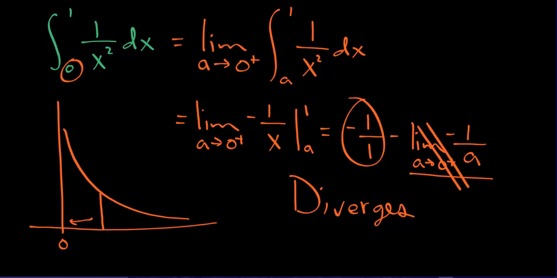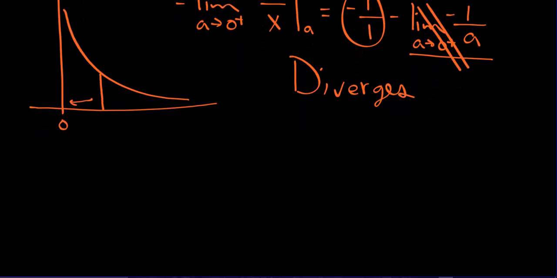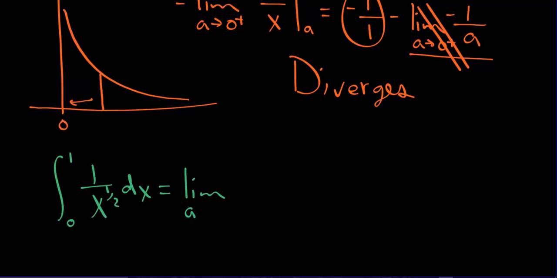Now, likewise, we could look at the other integral we compared this to, and we could go, okay, from 0 to 1 of 1 over x to the 1/2. And notice, now we have p is less than 1. The power up there is less than 1. We still work this the same way. We've got the limit as a goes to 0 from the right, and we've got a to 1, and then this is negative 1/2.